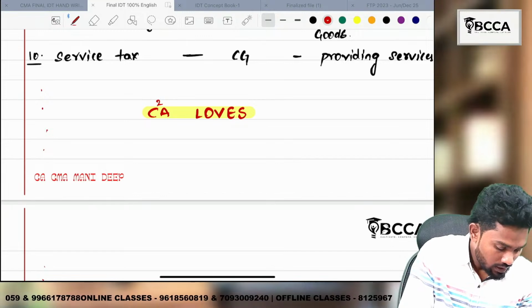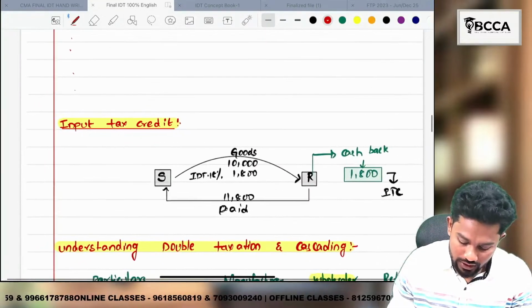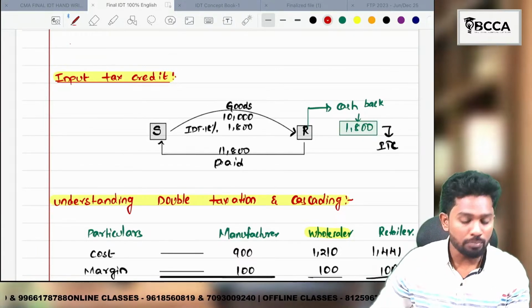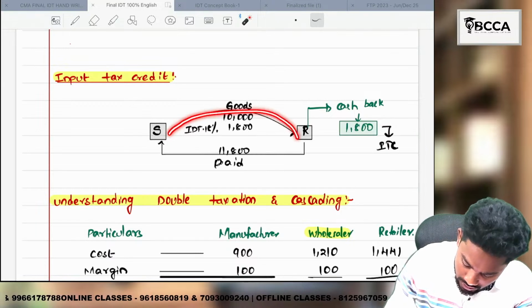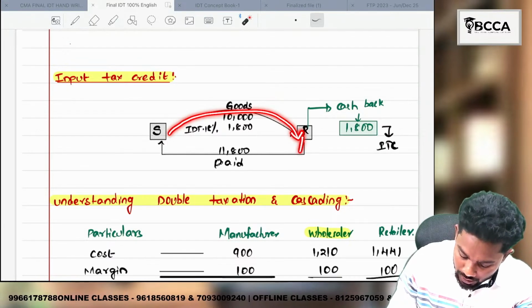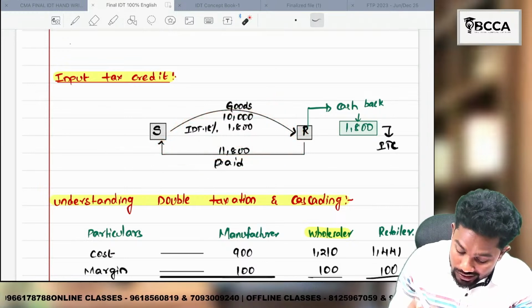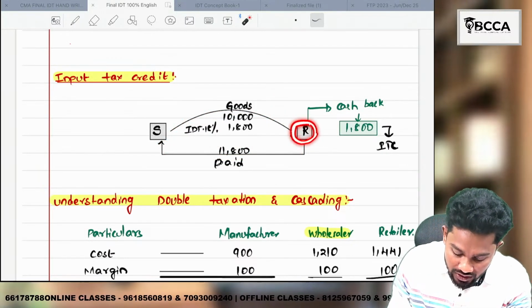Okay. Then coming to the next topic, here we have discussed about input tax credit. What is input tax credit? When a supplier supplies goods or services to a recipient, the recipient pays the value for goods along with the tax part.